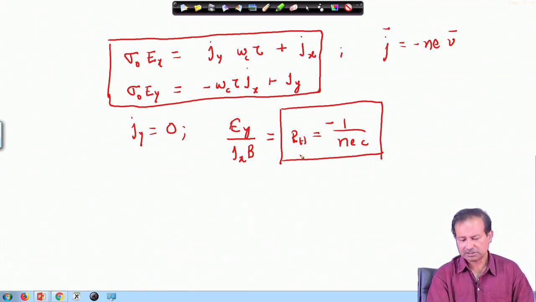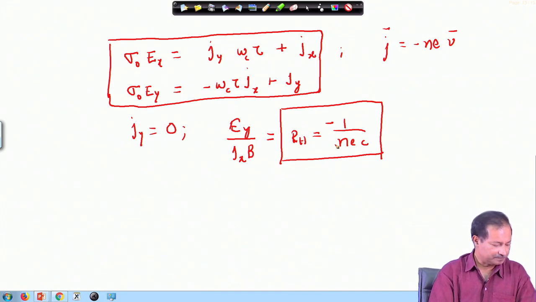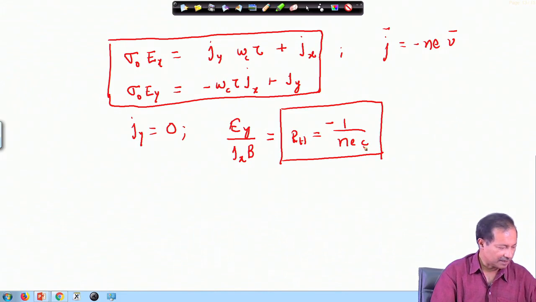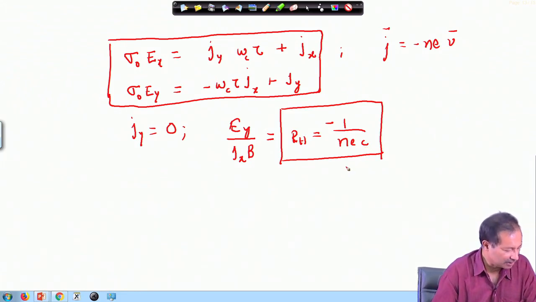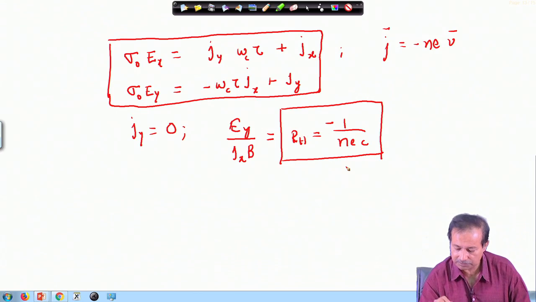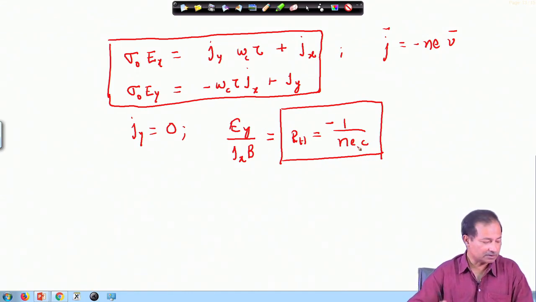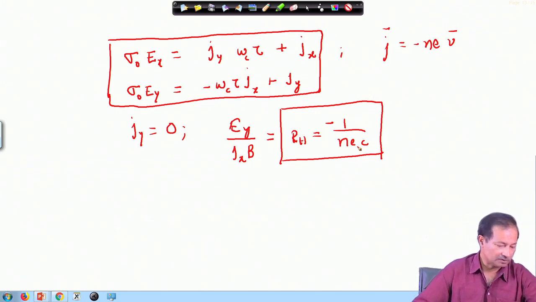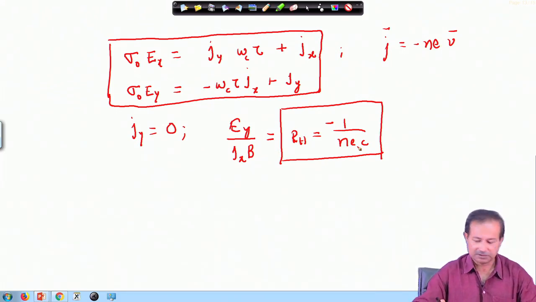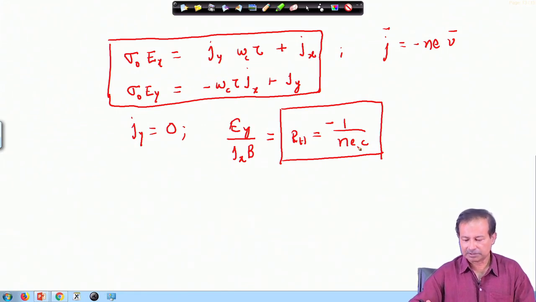This is the Hall constant, which tells us the sign of the carriers. I will actually ask you to remember this, because this is such a simple relation. It only depends on the density and two fundamental constants, electric charge and c, with a minus sign. So, that is what one is really after in experiments, and once you do experiments, what you will find is that this relation is more or less valid in many metals.